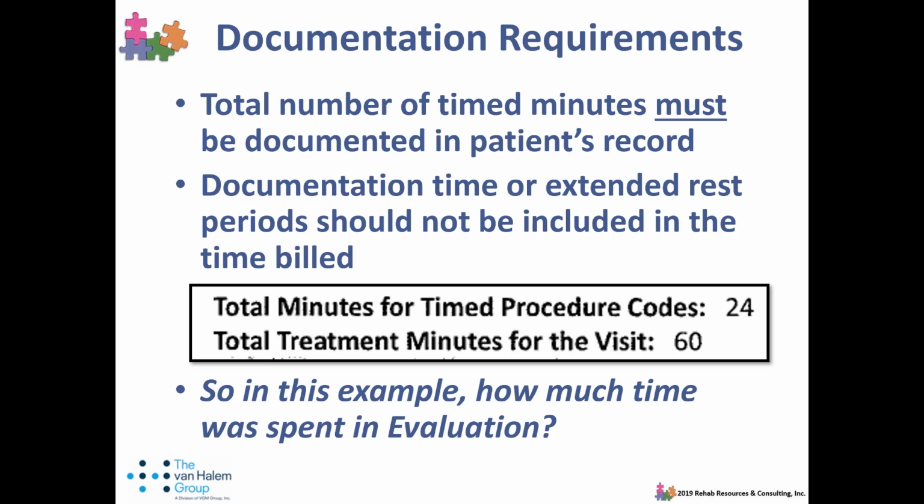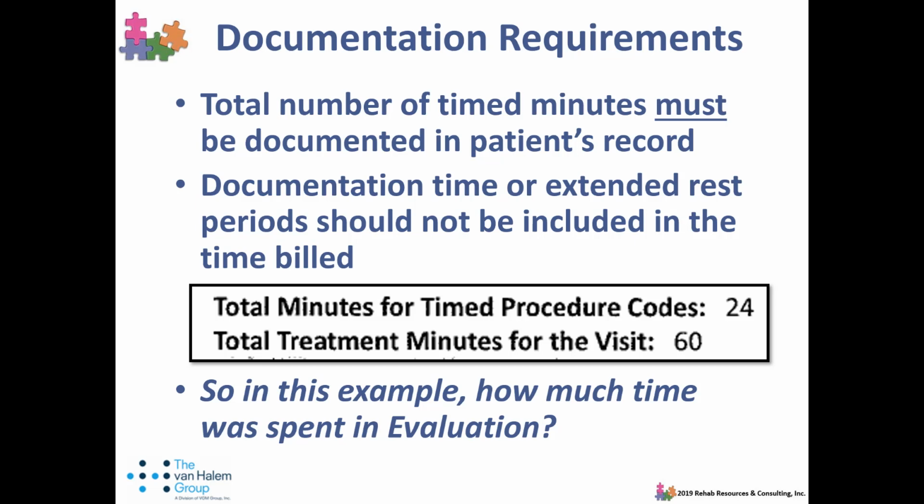However, total treatment minutes must also be documented. So this includes time spent providing services represented by untimed codes. So in this example provided, how much time was spent in evaluation? We don't know because there is not time specified for all the untimed procedure codes.